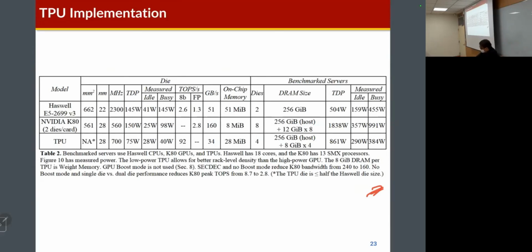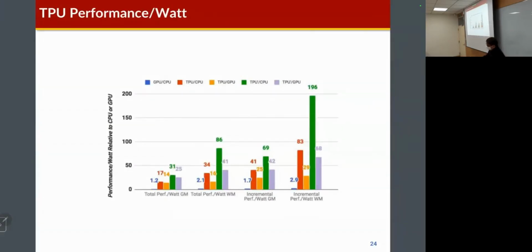These results are also presented by Google, and you can find them in the Google TPU paper. Google announced that the performance per power of the TPU is higher than that of the CPU or GPU.